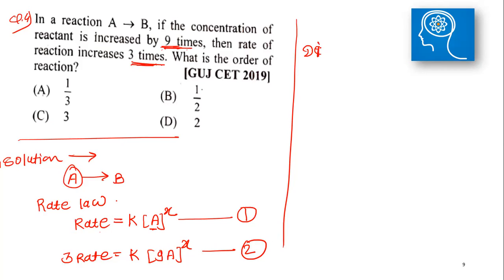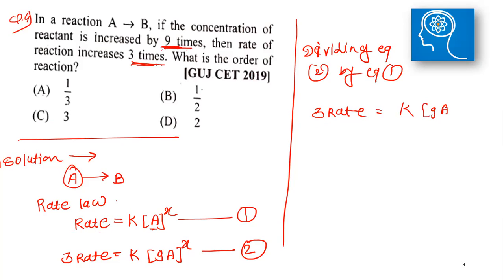So here we have to divide equation 2 by equation 1. So काय येणार? Equation 2 by equation 1. So इथे येणार 3 rate equal to K 9 concentration of A. So याला आपण स्प्लिट करून असं लिहू शकतो 9 to the power x concentration of A to the power x divided by rate equation 1 equal to K concentration of A to the power x.